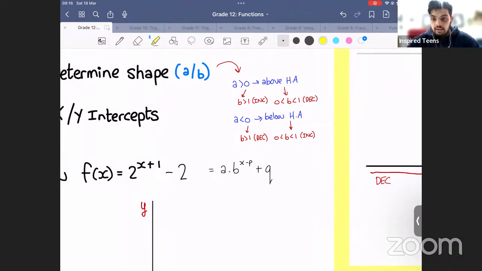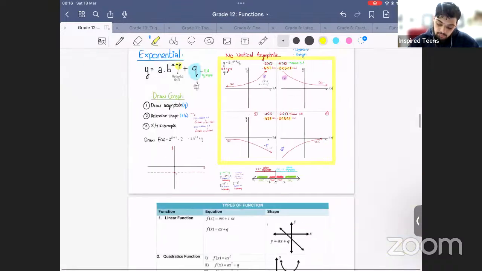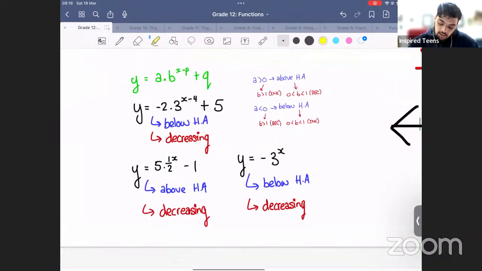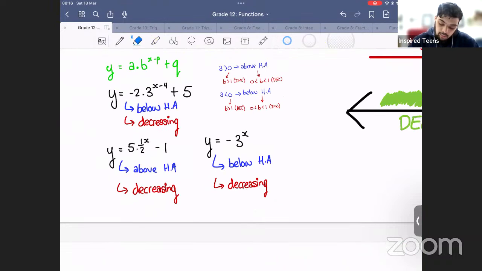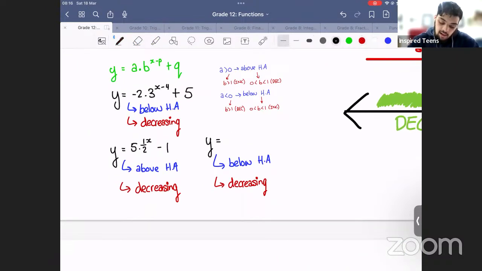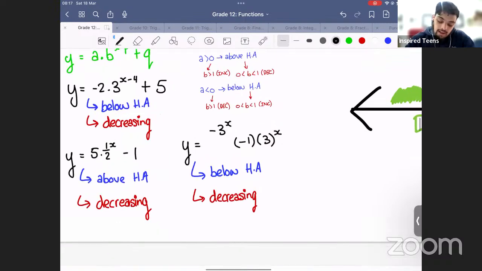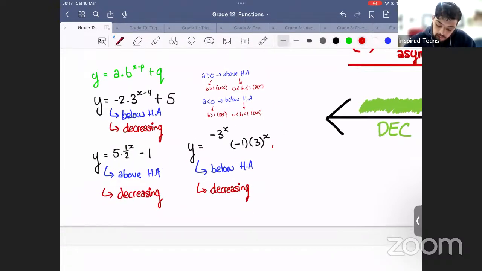B is in this function, because when we have -3 to the power of x, it's like having -1 times 3 to the power of x. So A is -1 and B is 3.